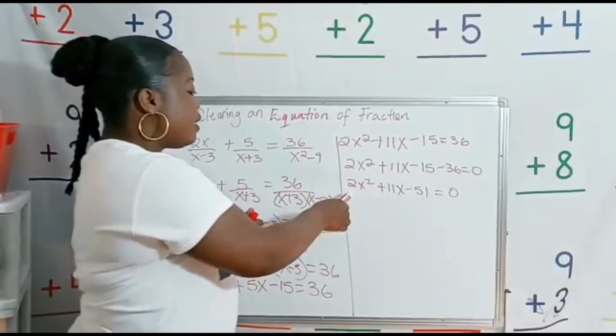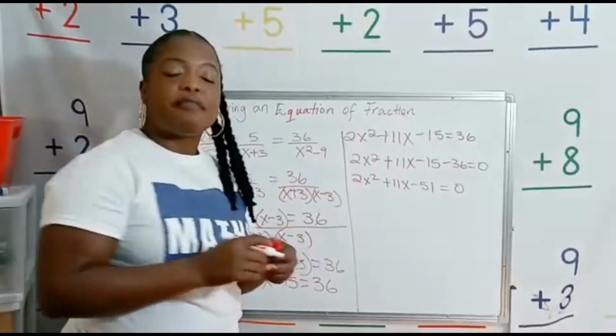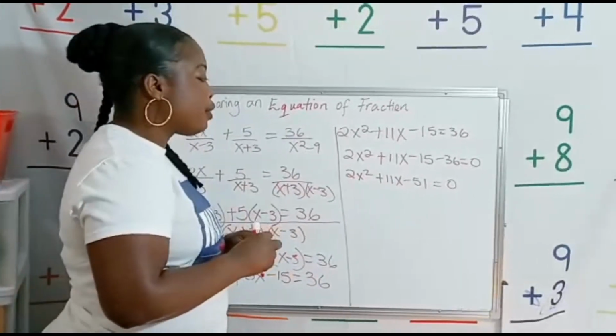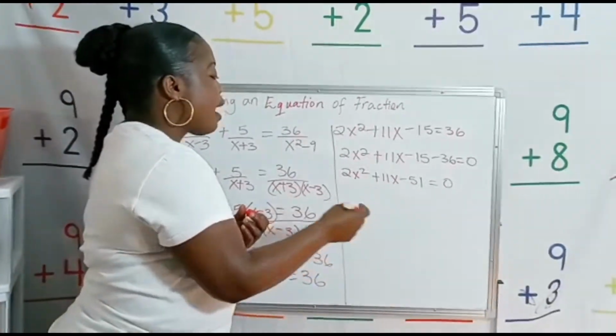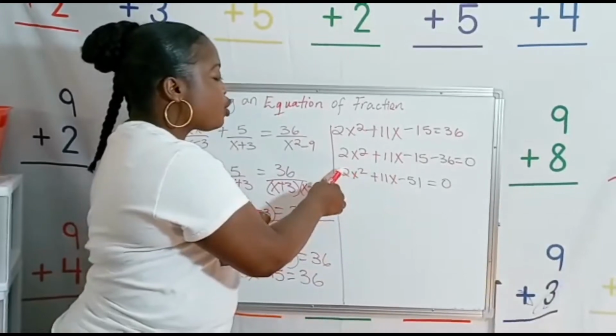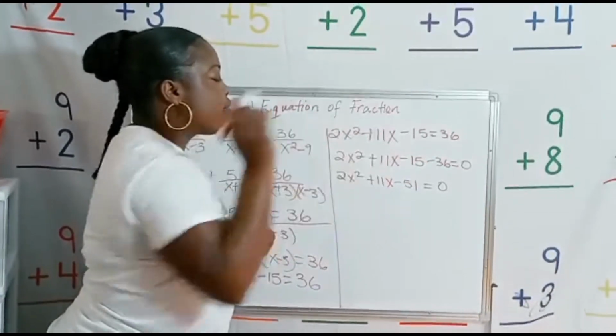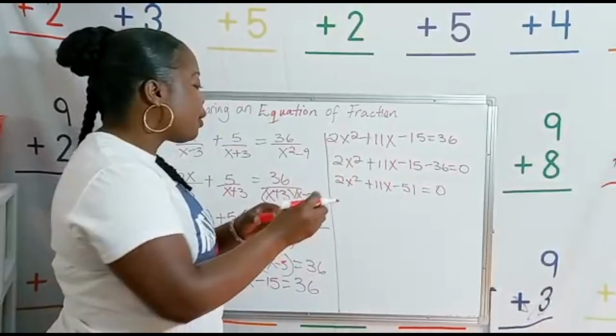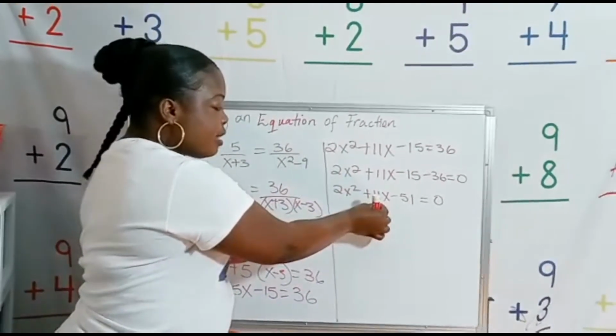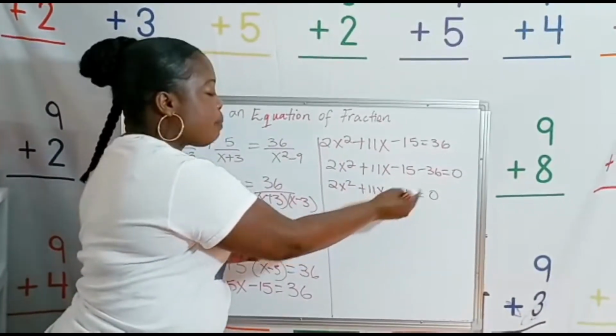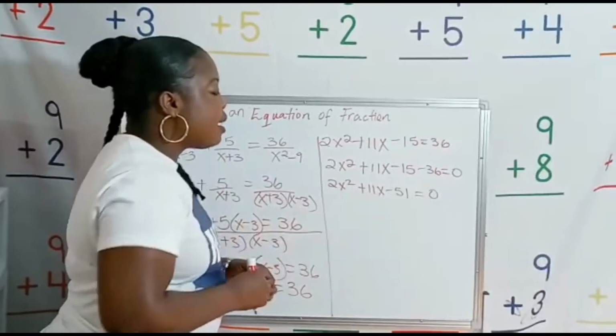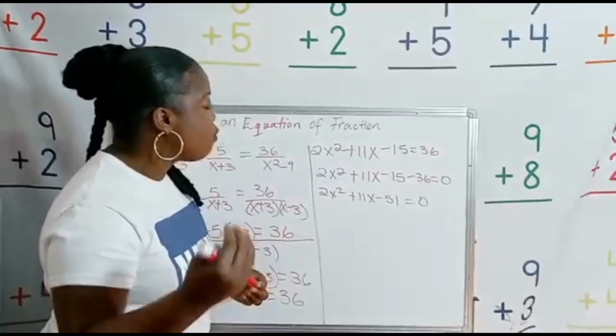So I have 2 as the coefficient of the x squared term. In order to factor, I must first multiply the 2 by my constant, and then I will have to find a number that I can add to get my 11x, but multiply to get 2 times negative 51, in this case negative 102.